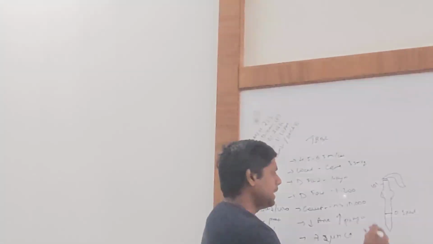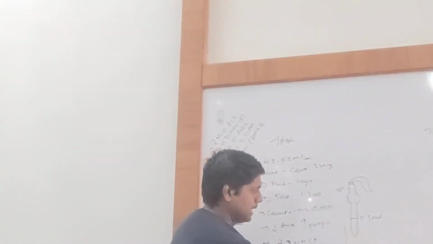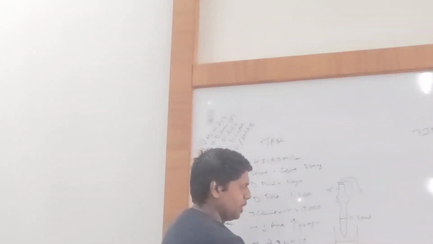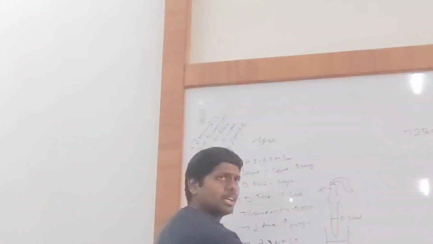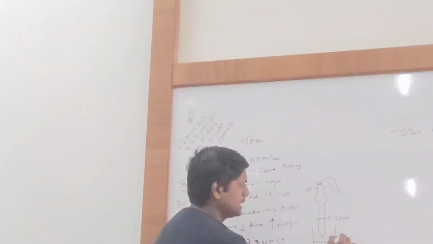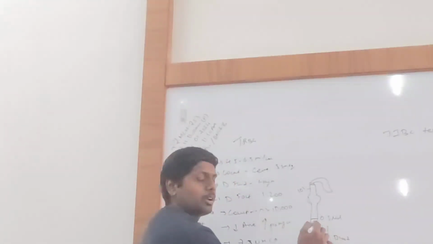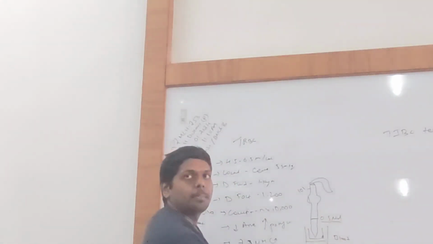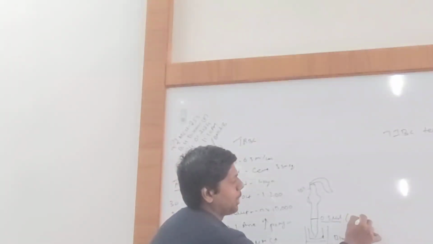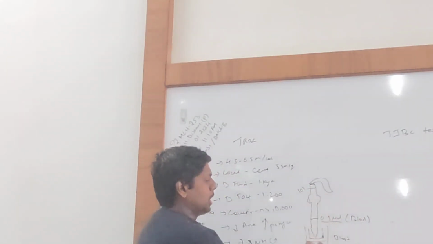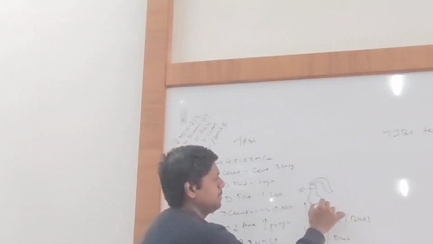You know the test procedure. We take Kay's fluid plus blood sample. First we draw the blood sample up to the 0.5 mark. Then up to the 101 mark we draw the Kay's fluid.